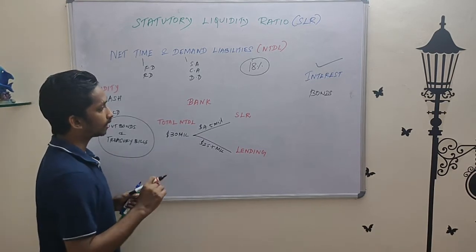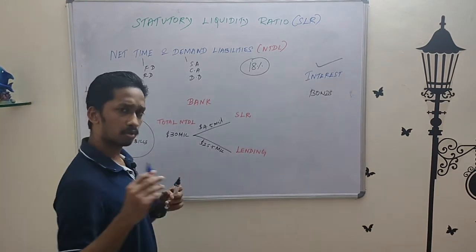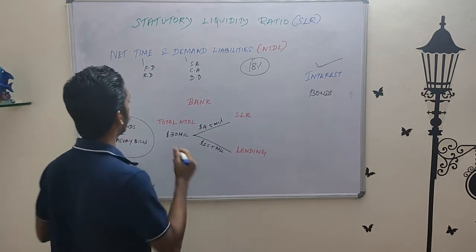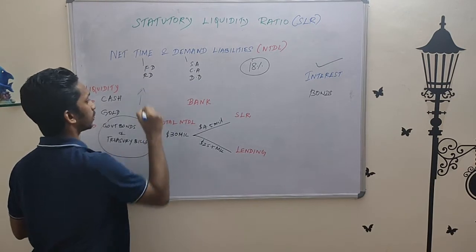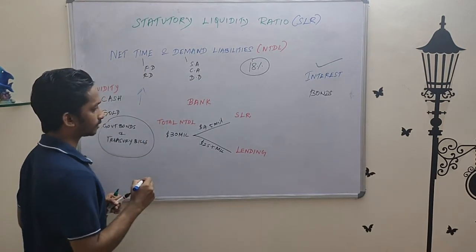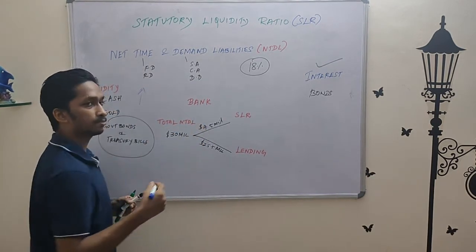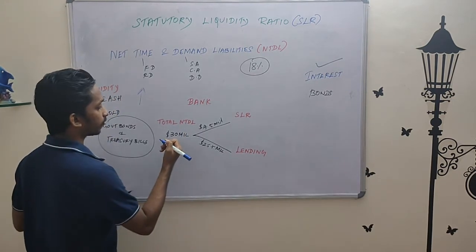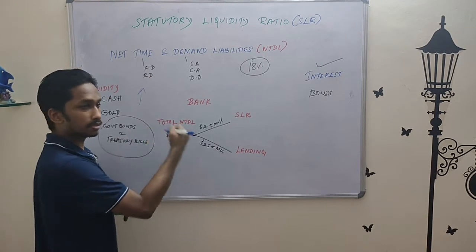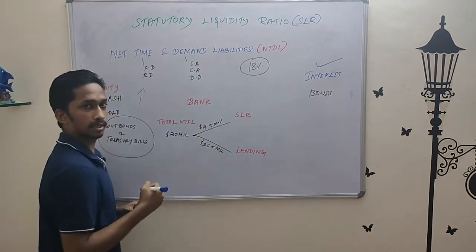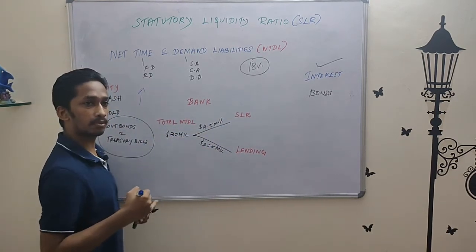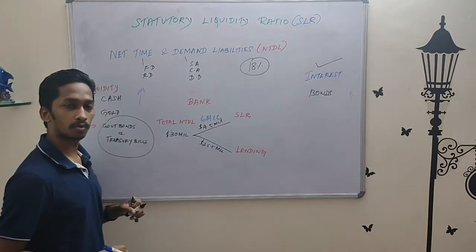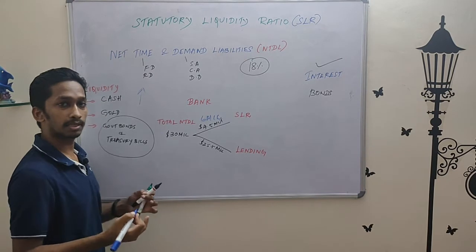Now, similar to all the other things we learned, CRR, repo rate and everything, what happens when SLR is increased? So from 15%, let's assume SLR went to 20%. So 30 mil remains the same. This doesn't get affected, but these parts do. So what is 20%? It is 6 mil. So what would be the remaining amount that they can spend?